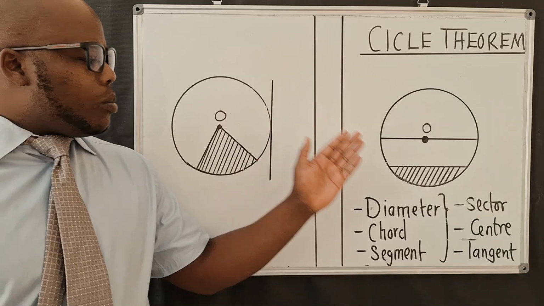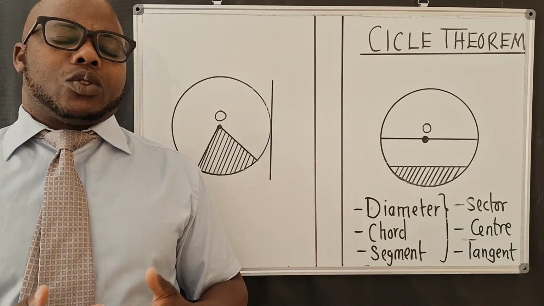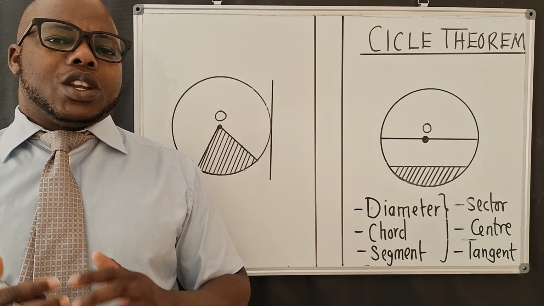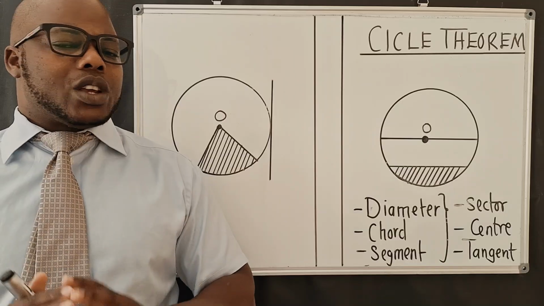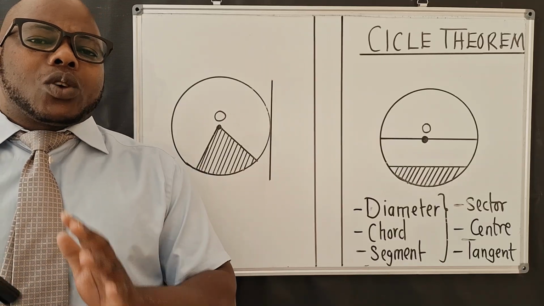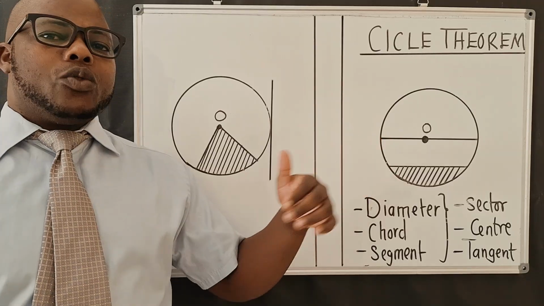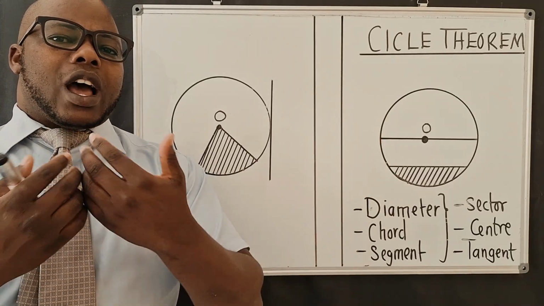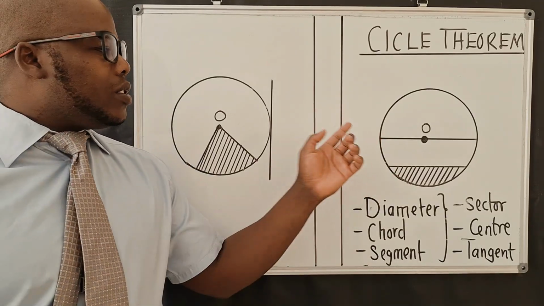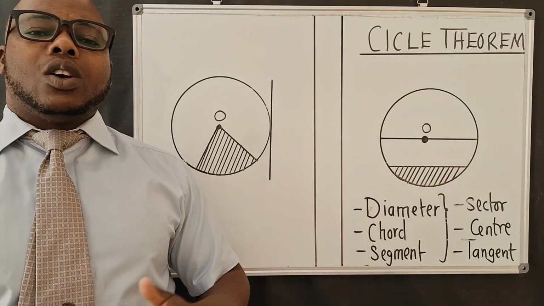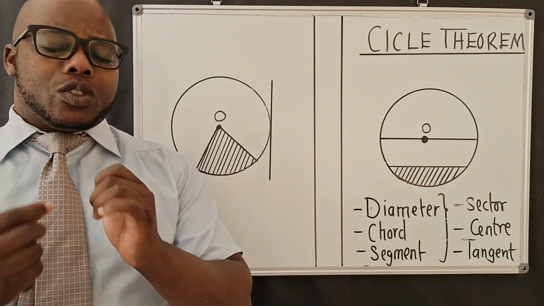So let's talk about diameter. Under this topic, you just have to know a diameter. When we talk about the diameter, we're talking about the distance, or the line, that is touching both sides of the circle, and it's passing through the center.